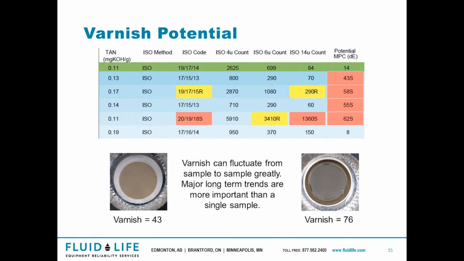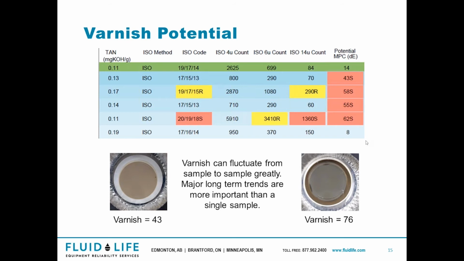Varnish potential is our next test. Varnish potential is this last number here in the red flag. And so varnish can very much fluctuate from sample to sample. It can go from 10 to 50 to 20 to 70, sample to sample, depending on when you took it, what the turbine was doing, was it cold, was it hot, what time of day.